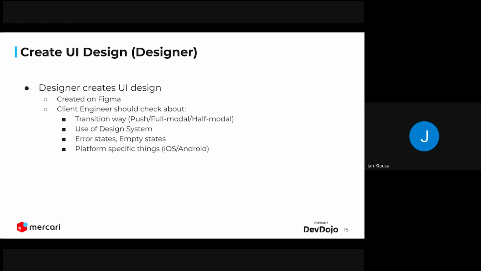The second thing to check is the use of the design system. We have a design system that can achieve our unified experience in the whole app. You can use the design system very easily, and you can implement common UI patterns without recreating them. But the design system has some limitations, so please check that the UI the designer suggested is aligned with the design system.